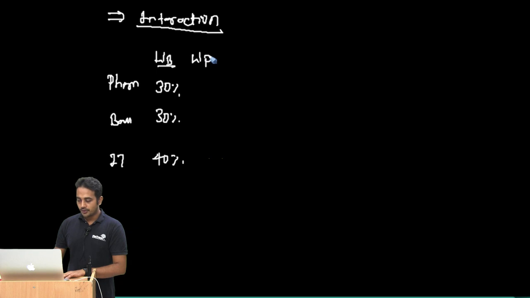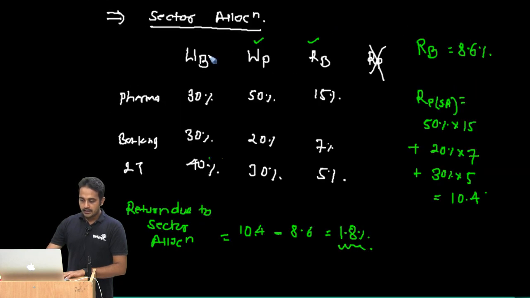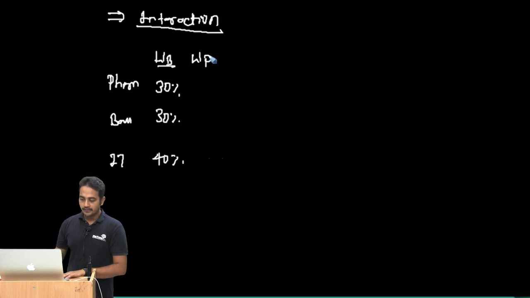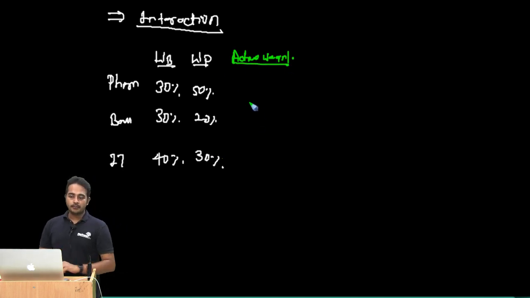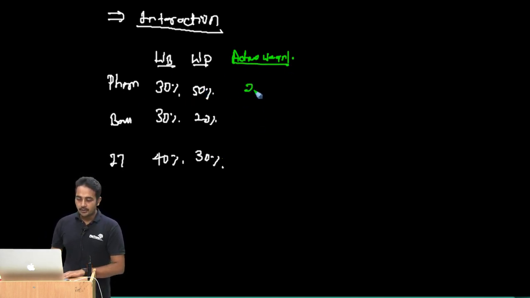Weight in the portfolio, 50, 20, 30. Immediately I'm going to calculate something called the active weight. So it was a conscious decision of the manager to put in 20% more in pharma, to put in 10% less in banking and 10% less in IT.